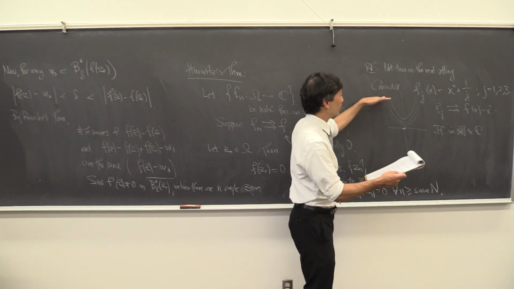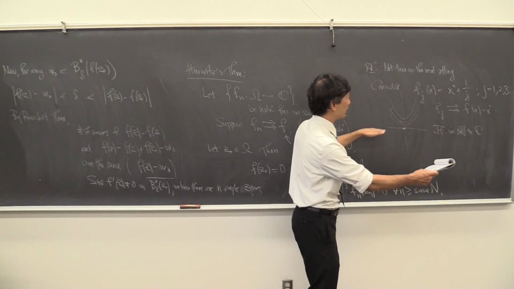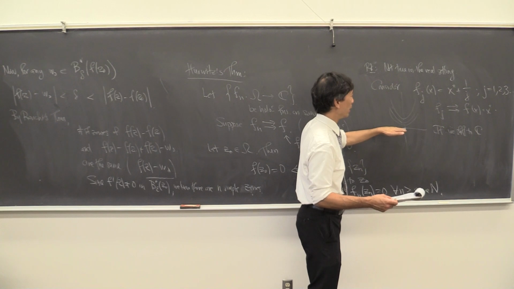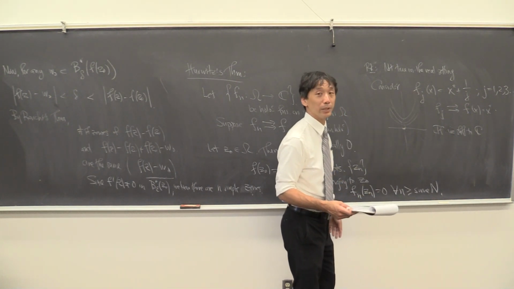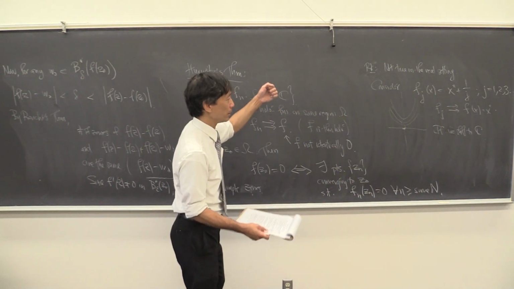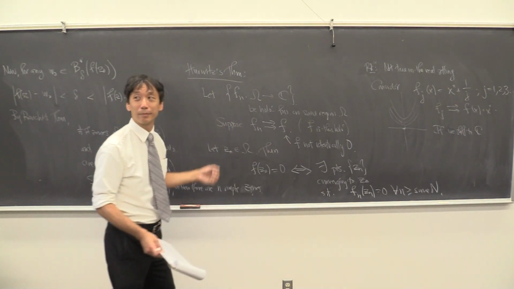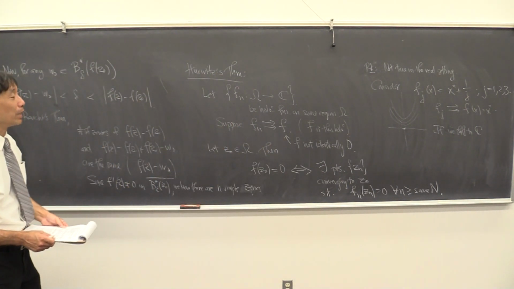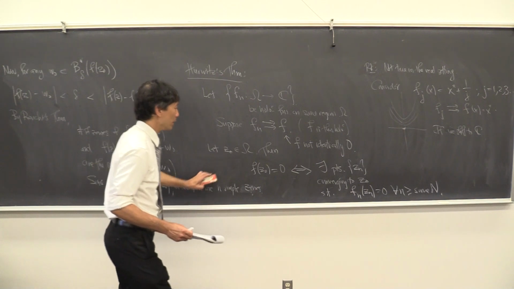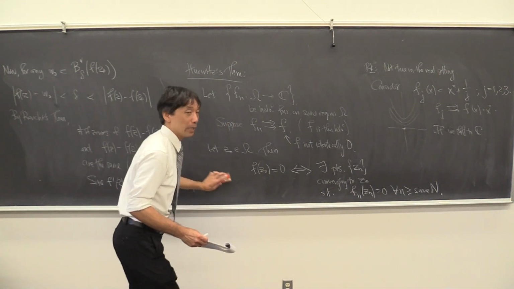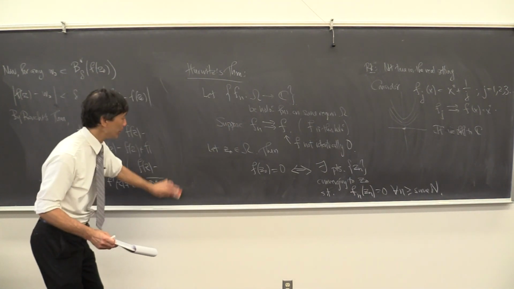So they've got these zeros in the complex plane that merge back to here, like this. That's what Hurwitz's theorem is saying: you can't have a 0 that just appears out of nowhere.